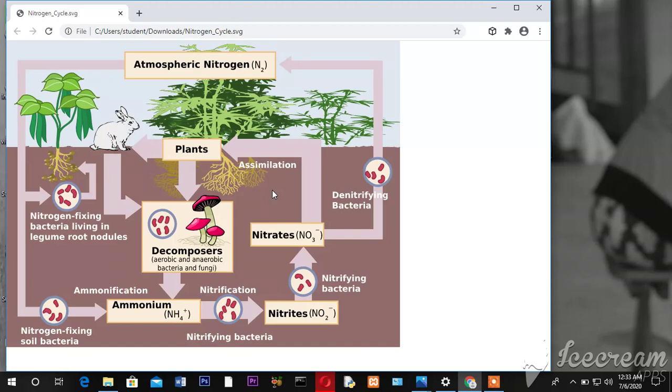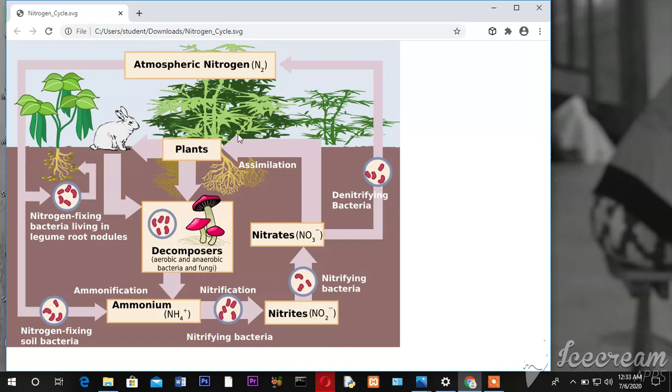On earth we have a lot of nitrogen fixing bacteria that live in the roots of some legumes, and those nitrogen fixing bacteria fix the nitrogen and convert it so that it can be used. So we are going to see this cycle.